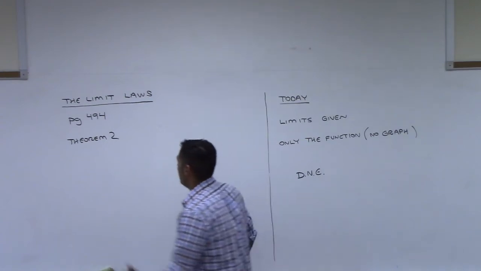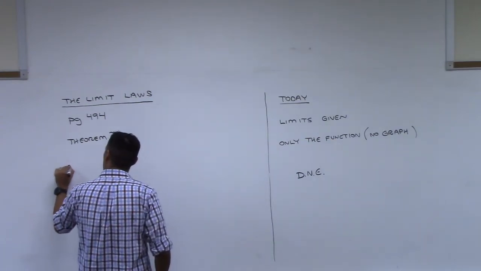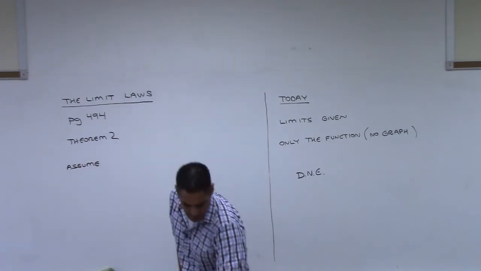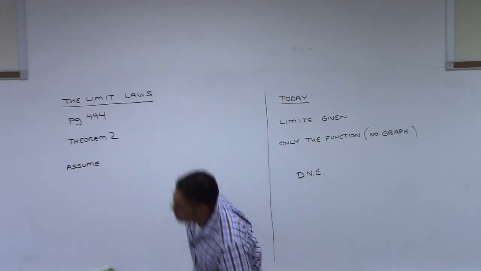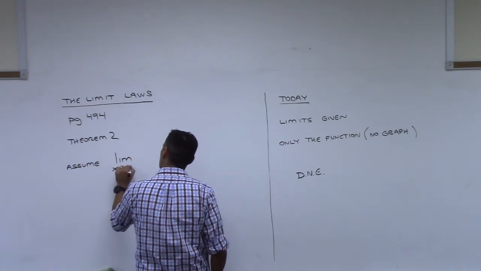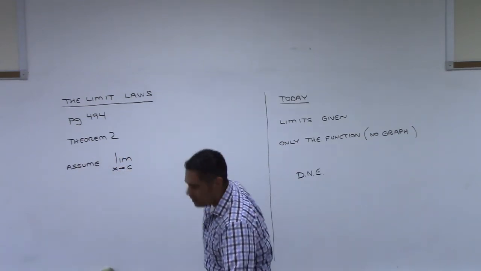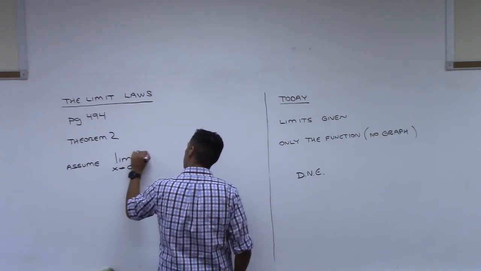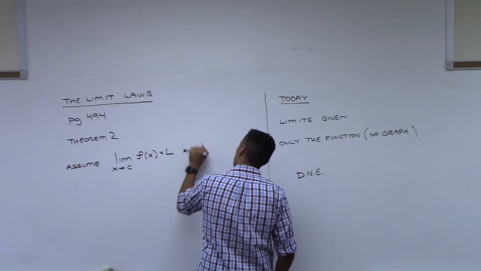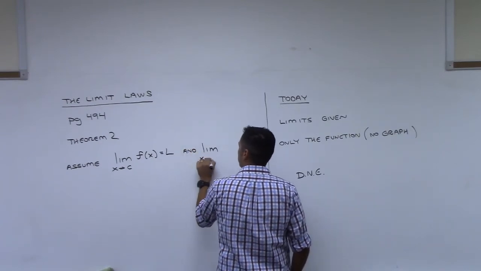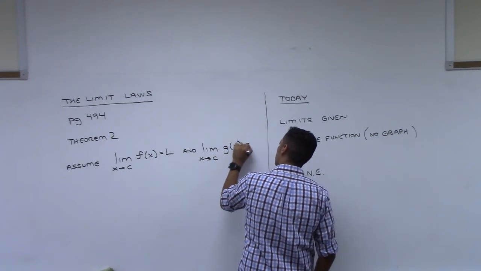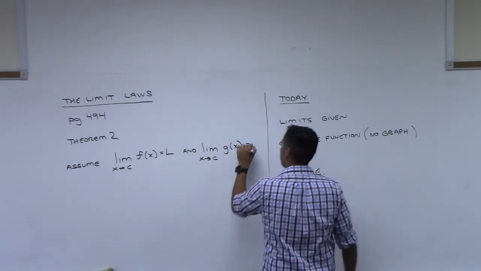So the first thing it says here is assume that the limit, they're using c, okay? The limit as x approaches c of some function f of x equals L, and the limit as x approaches c of some other function g of x equals M.